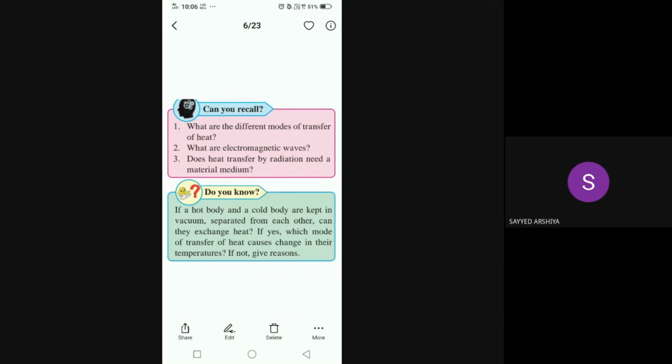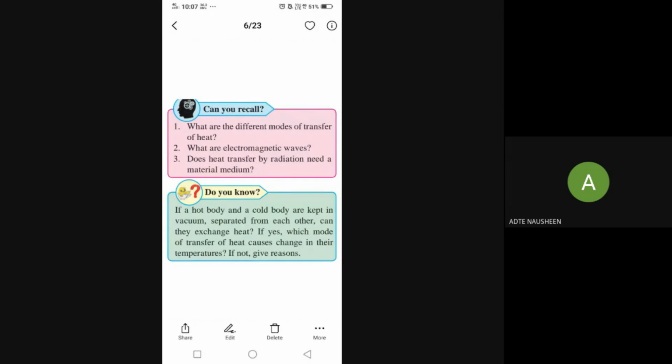If someone knows, please give me the answer. Conduction, yes, conduction, convection, convection, and radiation. Correct. Good. So these are the different modes of heat transfer.